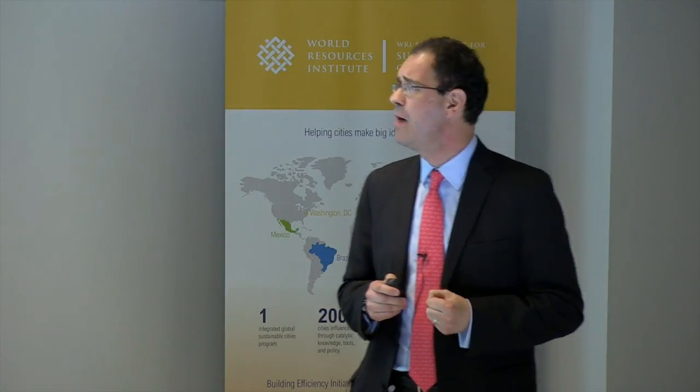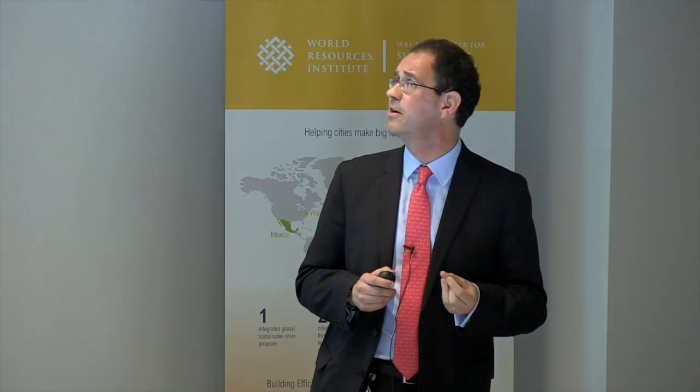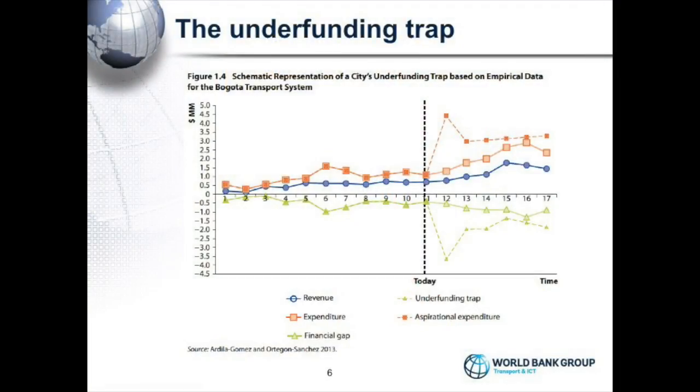And we call this the underfunding or underfinancing trap. We argue in the book that cities fall in a trap, meaning they don't have the revenue or the sources of revenue to finance all the infrastructure they need to add, bringing all the infrastructure to the level of maintenance it should have, and operating all the infrastructure.